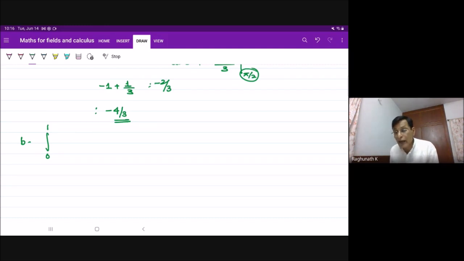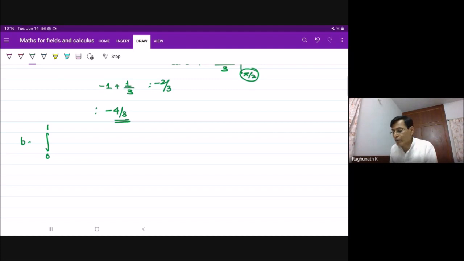Check it once. When it is work done for a given vector, if I go to the right, it is work done, and if I go to the left, it is work done by the field, not by the vector. Very, very important things for us. It is actually work against the force.